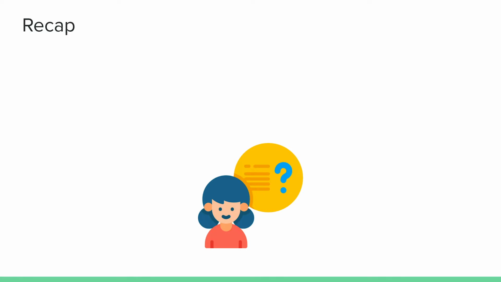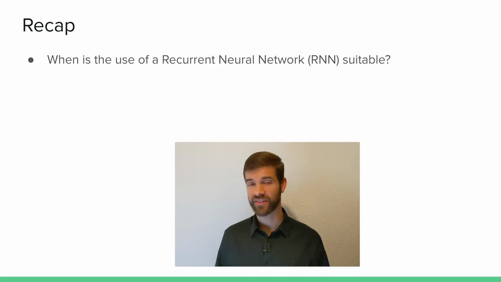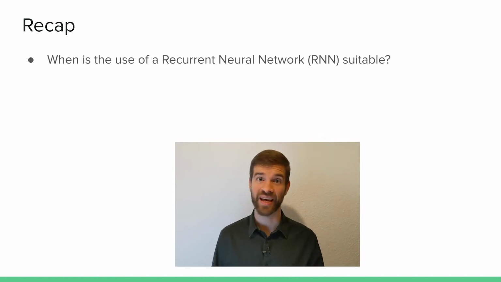But before we do that, let me quickly recap from last week's lecture. When is the use of a recurrent neural network suitable? Whenever we have sequences where the memory of the sequence, in both directions, is helping us in any way.